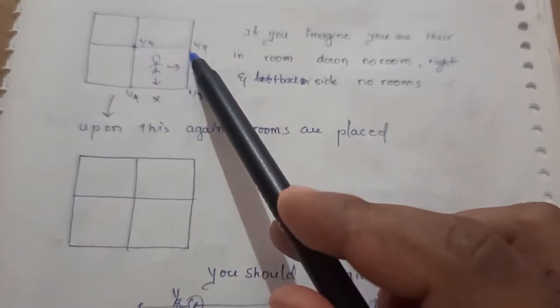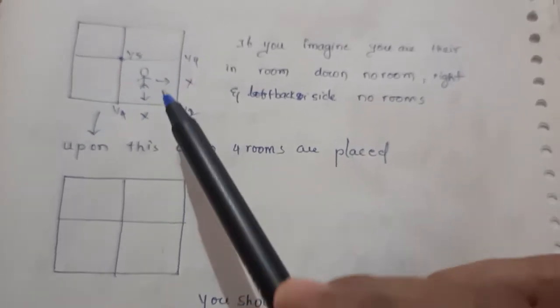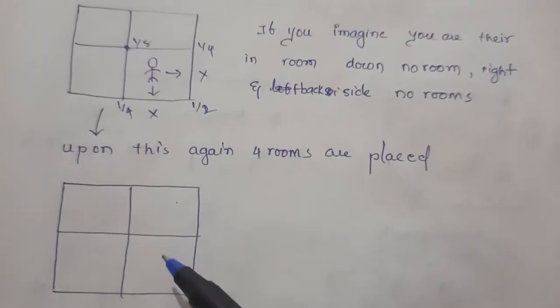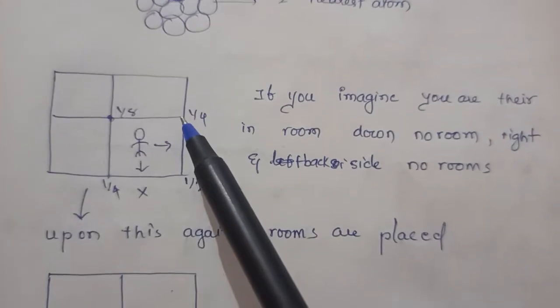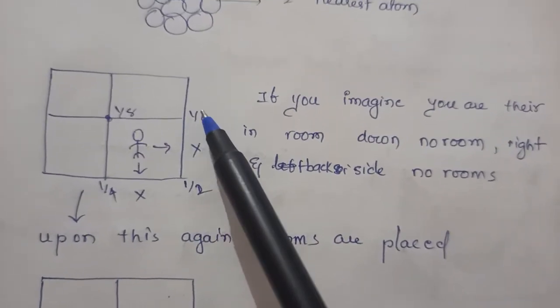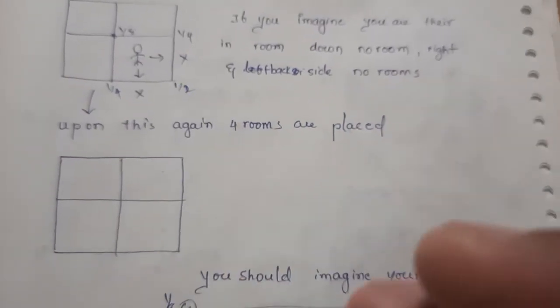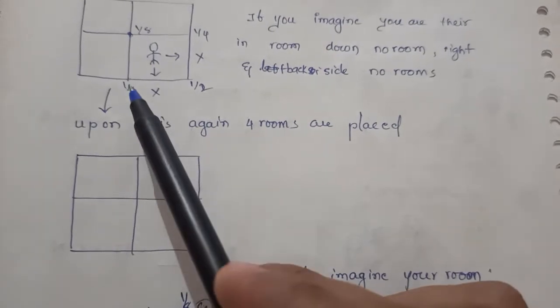So for this particular lattice point, 1, 2, and here 3, 4. So 4 rooms are sharing this lattice point. That's why we represent it as 1/4. And this one will be 1/2, and here also 1/4.